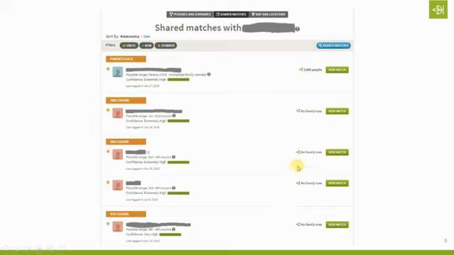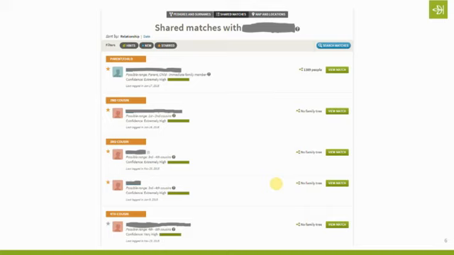Now remember how I said some people say they have no family tree, but when you actually click through, they do have a tree. And so in a couple of these cases, they actually did have trees. Some of those trees were very small. They just had 4 or 6 or 8 people in them. And so I had to actually build a tree for that person. I just did that in my cousin's tree.